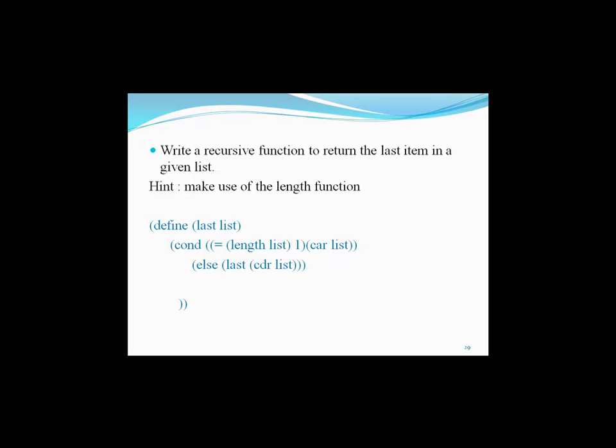Here we are using the cond function, so the base case is that if the length of the list is equal to 1, we send the car of the list. Else, if this statement is false, we send the cdr list recursively to the last function.